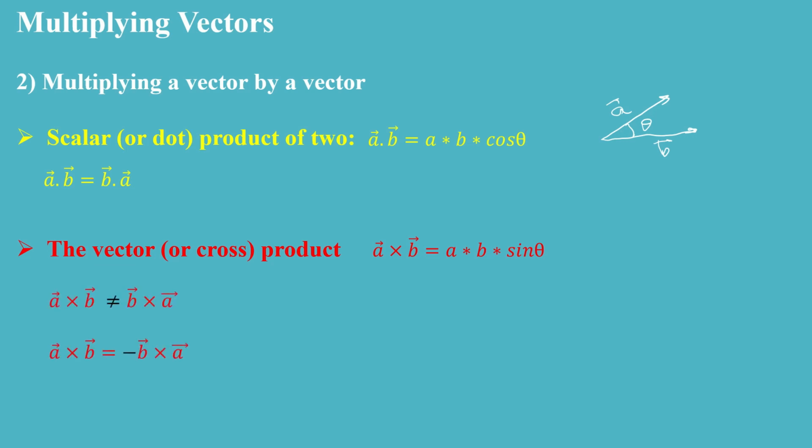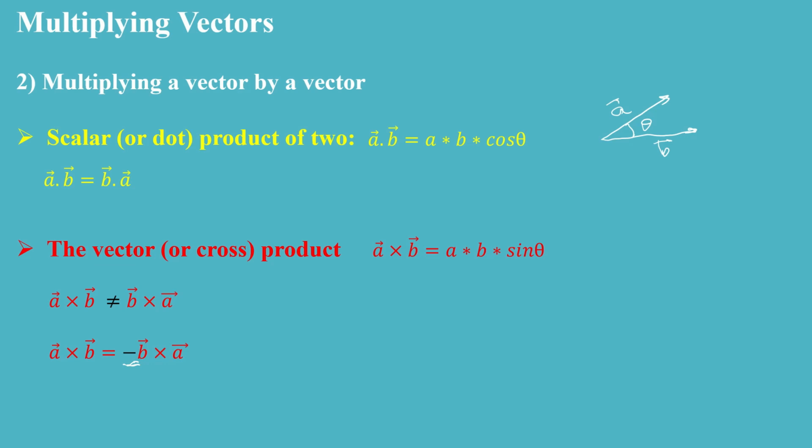A cross B cannot be equal to B cross A. However, A cross B is equal to negative B cross A. And this negative sign is all about the right-hand rule. If you go with B first, then the direction is going to change in terms of the right-hand rule, and that's why you have to consider the negative sign here.